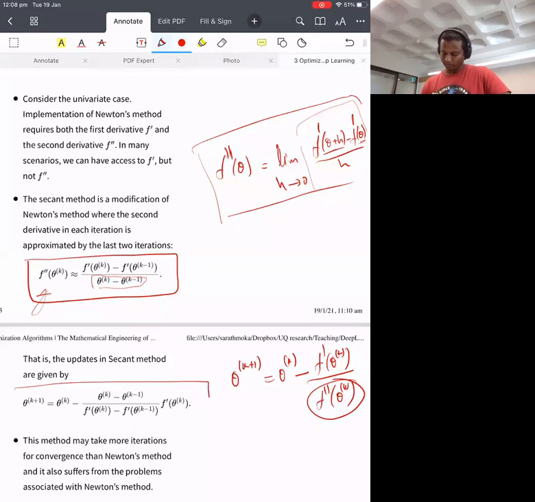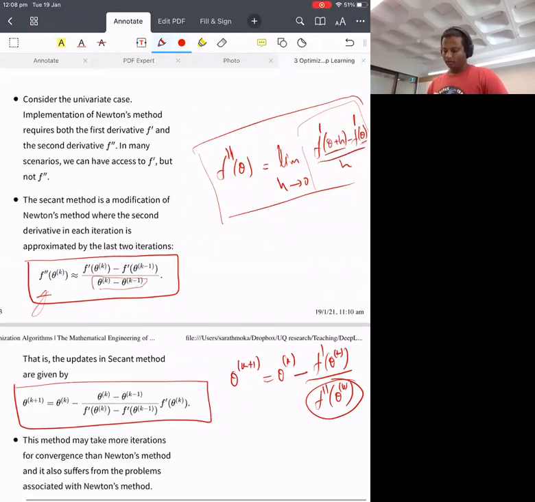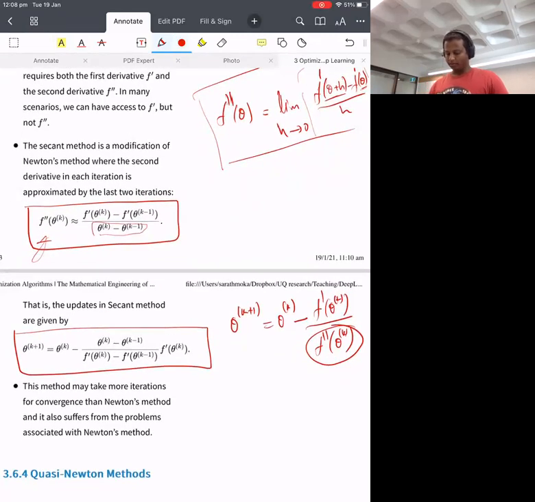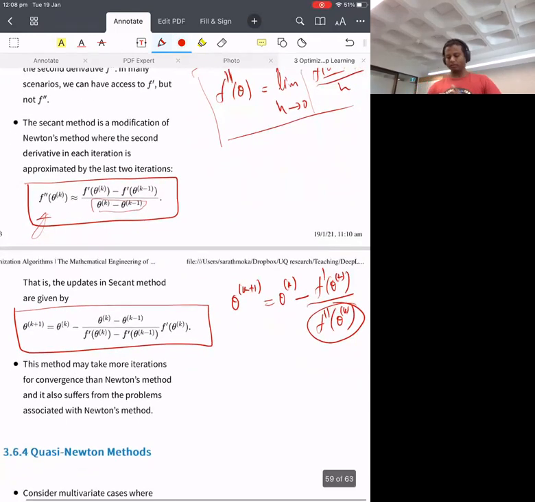That's a modified version of Newton's method for when you can't compute the second order derivative. This secant method can have similar problems to those we have seen earlier, and might take more iterations to converge than Newton's method because we are using an approximation.